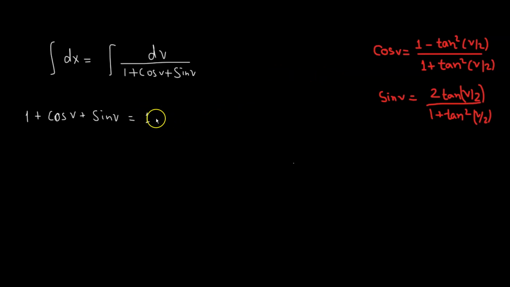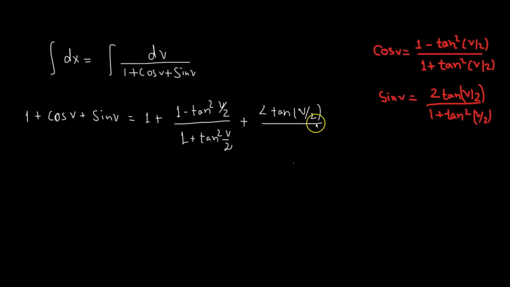So that means we have 1 plus (1 minus tangent squared v over 2) divided by (1 plus tangent squared v over 2), plus sine v. So sine v will be 2 times tangent of v over 2, whole divided by 1 plus tangent squared v over 2.